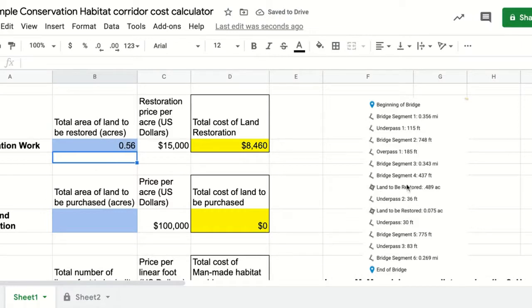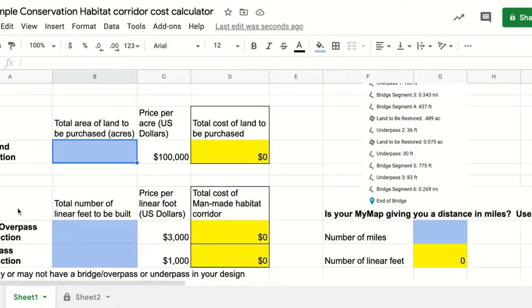It automatically adds those two sections together and multiplies by $15,000. So the total cost to restore that land is $8,460. Okay, that part's done. New land acquisition: I don't have any new land to acquire, so I'm not going to add anything there.